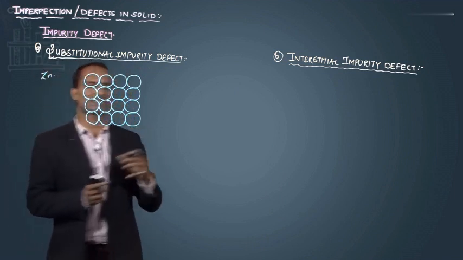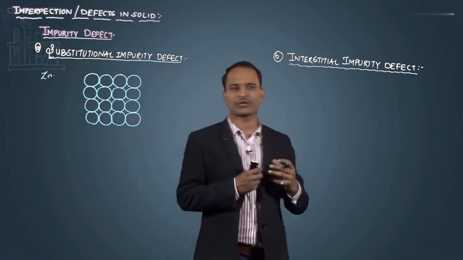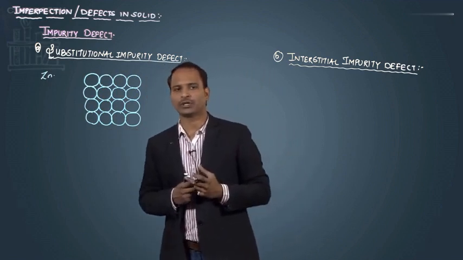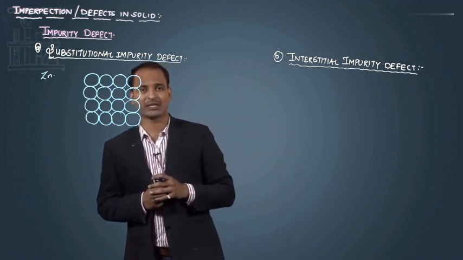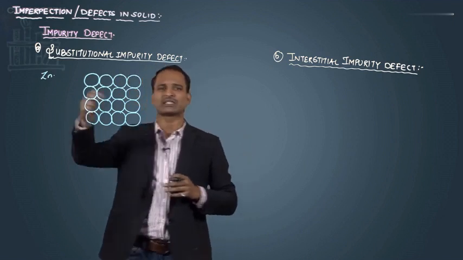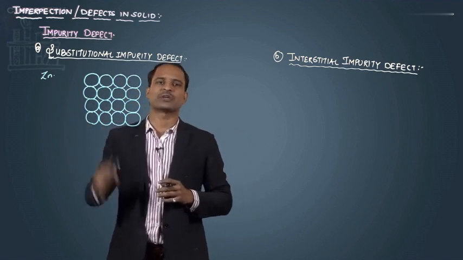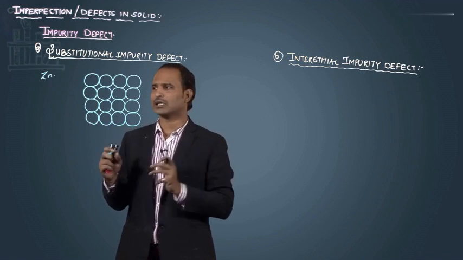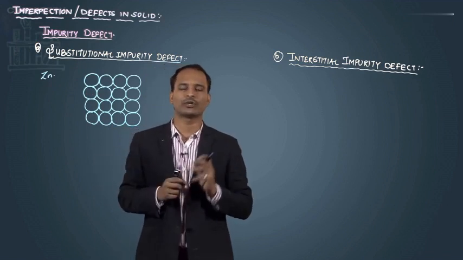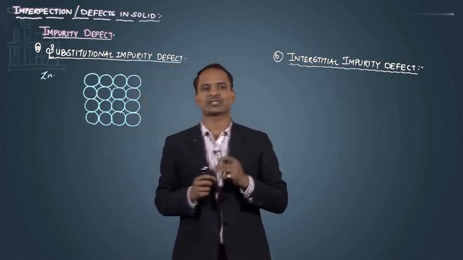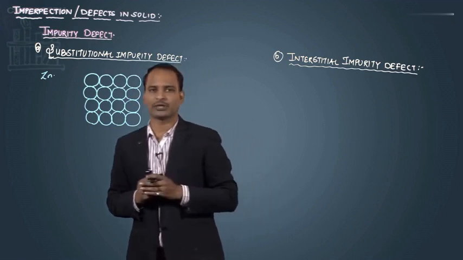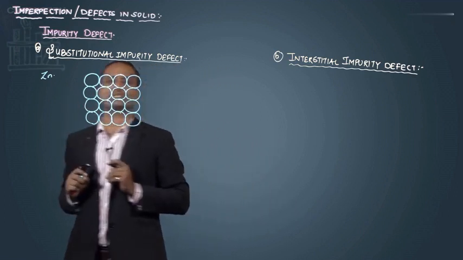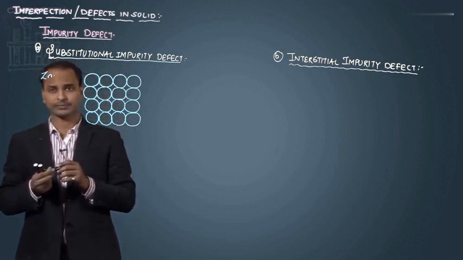When zinc is added, I'm trying to make an alloy of zinc and copper, the alloy being a mixture of two or more metals. So I'm just mixing zinc with it. In this case the zinc is acting as an impurity for the copper, because once the zinc is added, the purity of the copper will be destroyed.